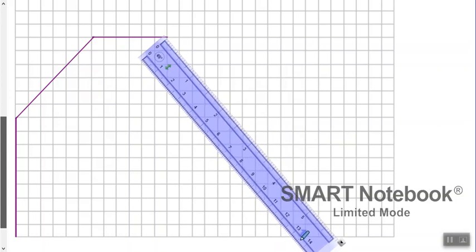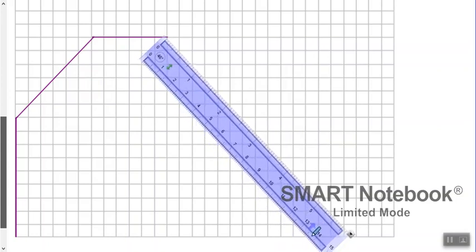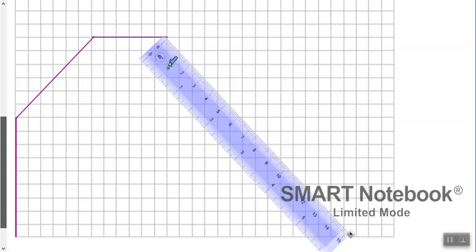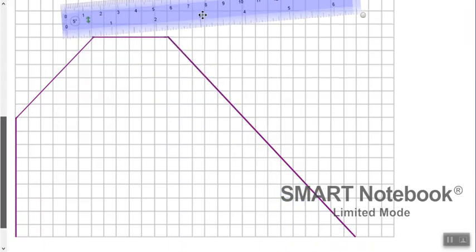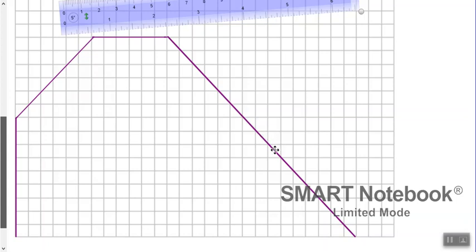And diagonally. Can't do this, but I can make my ruler longer. Here we go. Right, so let's see if that worked out. 1, 2, 3, 4, 5, 6, 7, 8, 9, 10, 11, 12, 13, 14, 15.